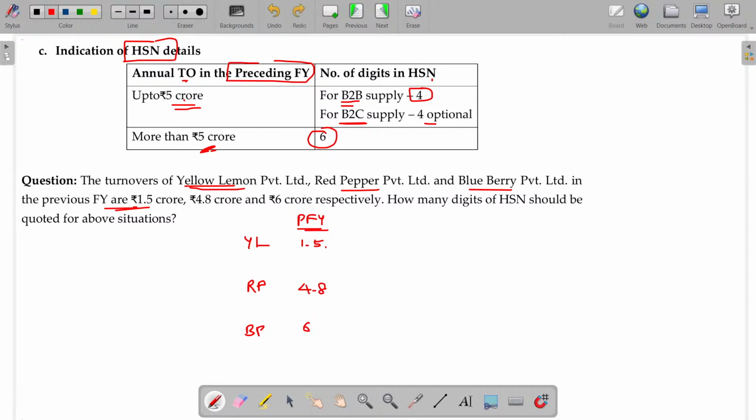How many digits of HSN should be quoted in the above situations?